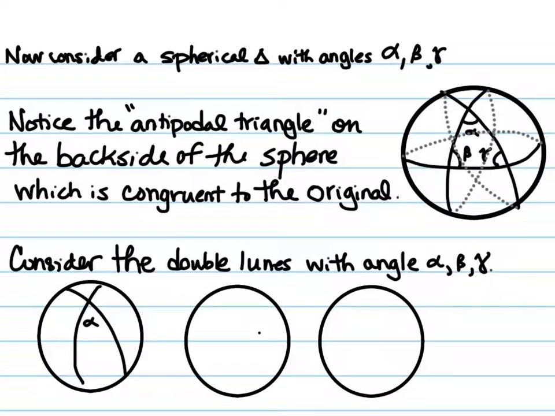I get my beta on the right. Here's beta. And over here is gamma. Okay, so there's three double lunes.